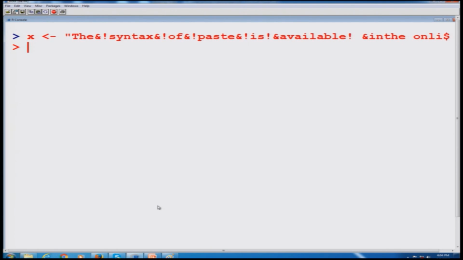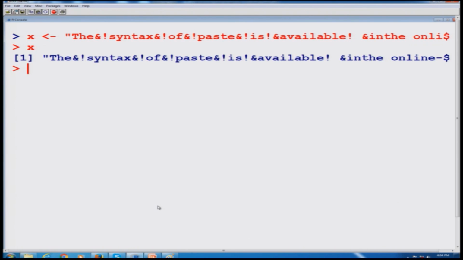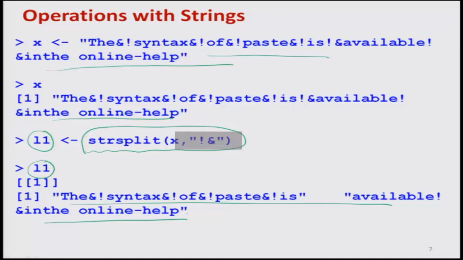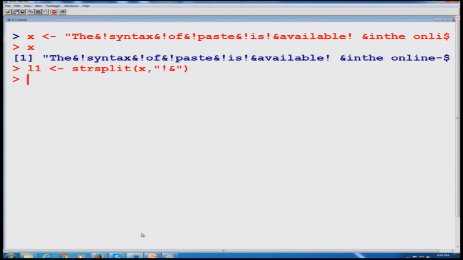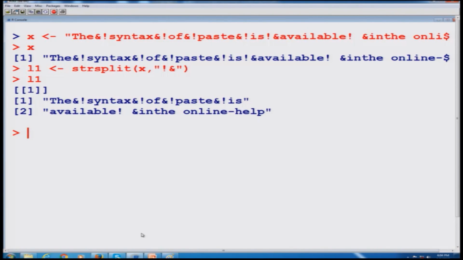You can see here, this is my x, and then I follow with L1, the split, and this split is coming here as L1. When I see L1, I can see there are only two breakups when I use this separator, this exclamation sign. You see they were occurring in the second part of the sentence, right. So I have two values here.